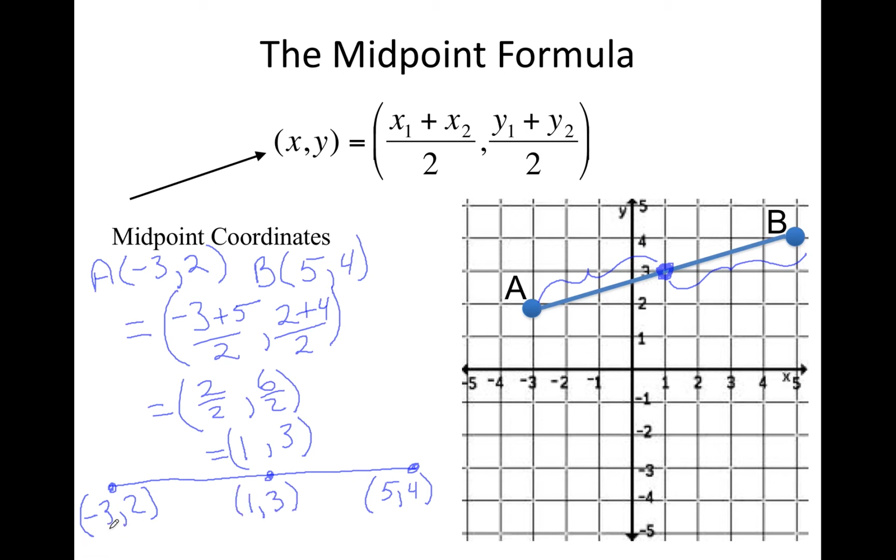If I look at these distances between the x's, -3 to 1, that's 4 places, and from 1 to 5 is also 4 places. If I did the same thing from the y's, 2 to 3, that's 1 spot, and then from 3 to 4 is 1 place as well.